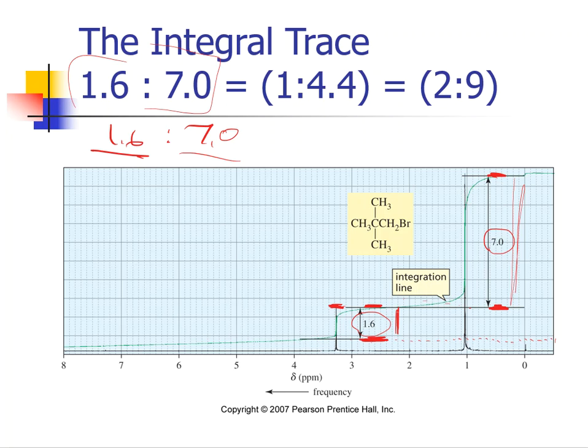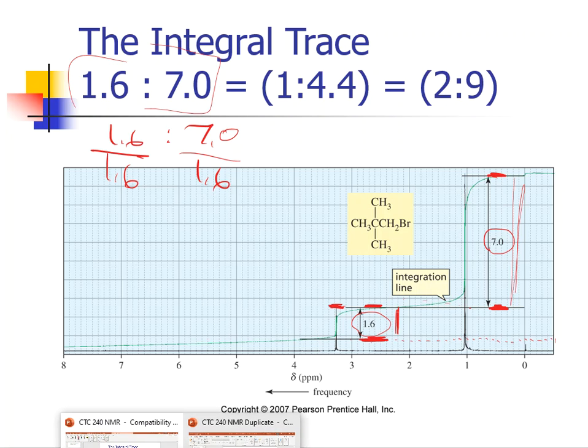There's only 2 signals that we are referring to. If there was more than 2, there'd be more numbers, 3 and 4 and 5 and 6 numbers, and that's okay. But whatever is the lowest number here, you divide by that. You divide that number by all of them that show up in the NMR. So 1.6 divided by 1.6 is a 1, and 7 divided by 1.6, well, that's a 4.4.